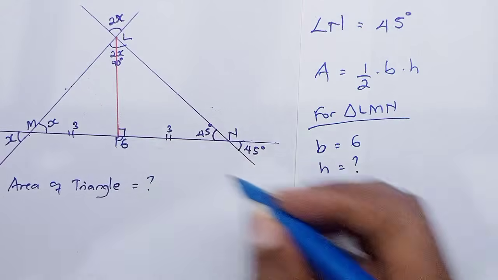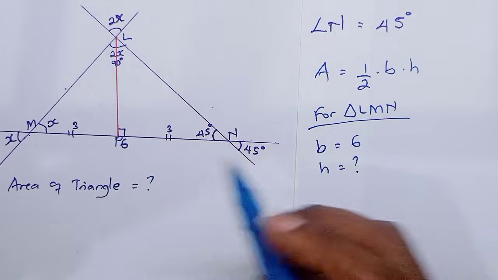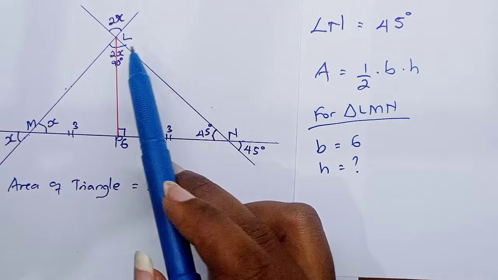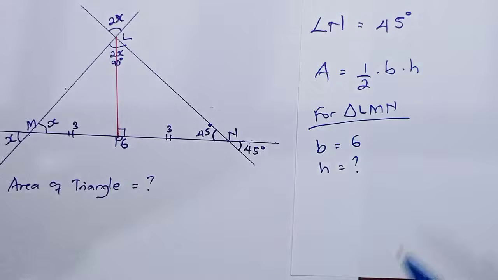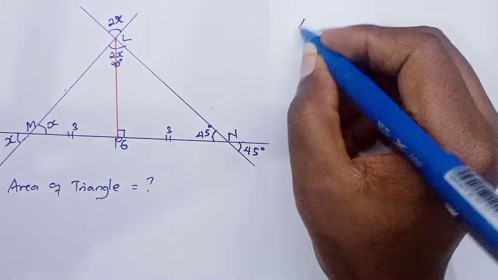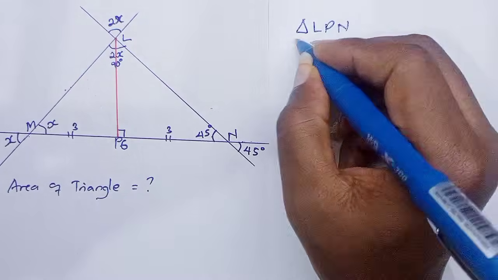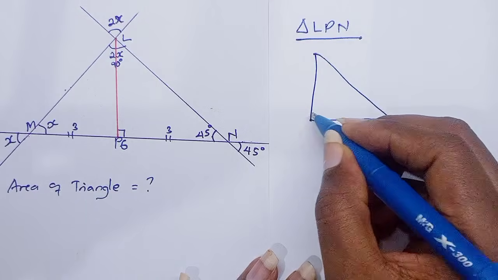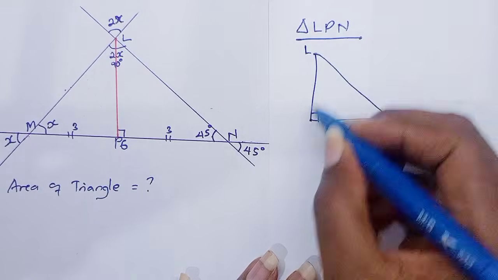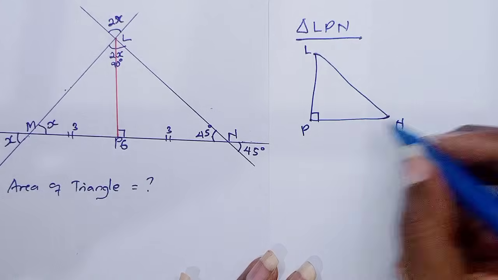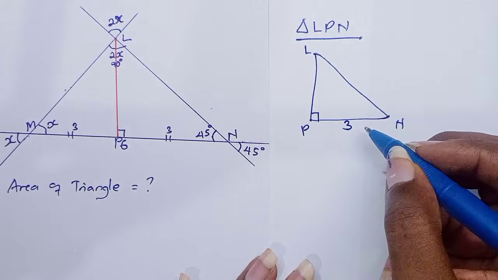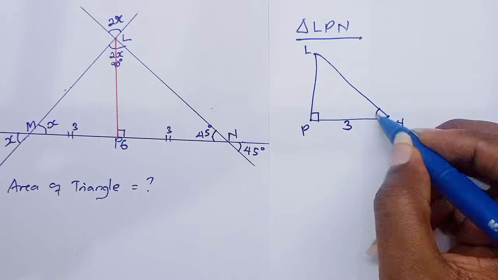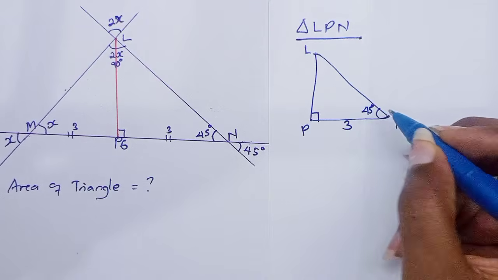So this is perpendicular. So now focusing on this triangle LPN. So in triangle LPN, this is 90 degrees, this is LPN, this is 3, this is 45 degrees.